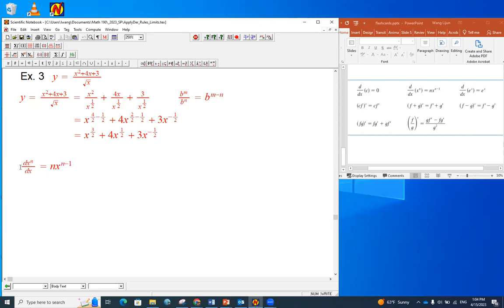We're going to apply this formula to each one of them. So now we take a derivative. We write it this way, dy over dx.